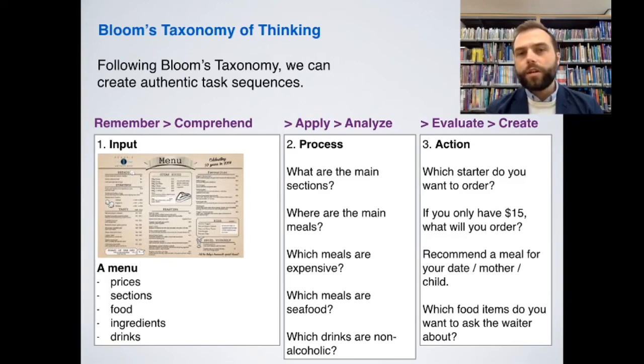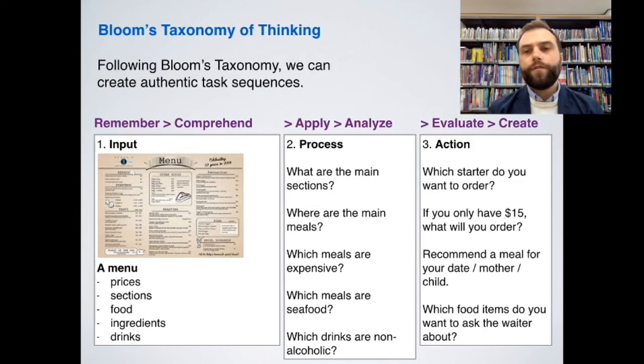Okay, the final section. Now that students understand the menu and they've analyzed the menu, you can move on to evaluate and create. So this is number 3, action. We've got input, process, and action. And here are some example questions. Which starter do you want to order from the menu? Okay, this is kind of evaluate.